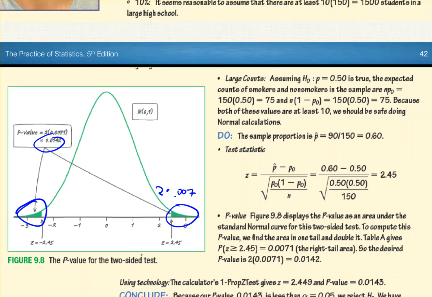We do not believe that the proportion of students that smoke in high school is 50%.